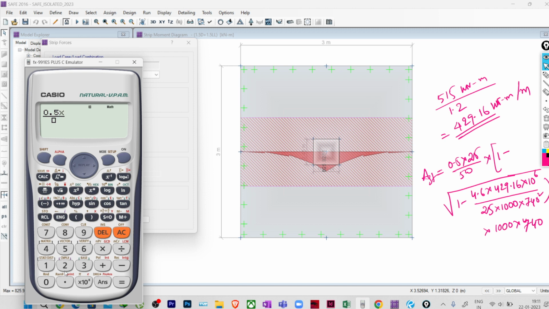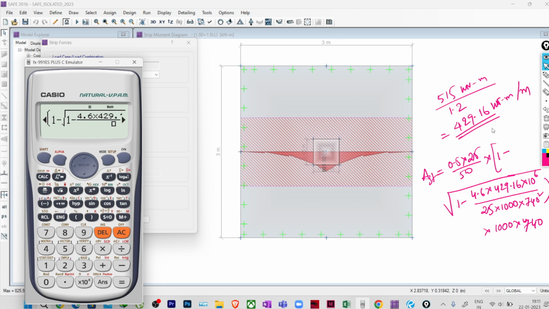0.5 multiplied by 25 divided by 500, multiplied by 1 minus root under 1 minus 4.6 multiplied by 429.16 multiplied by 10 power 6.